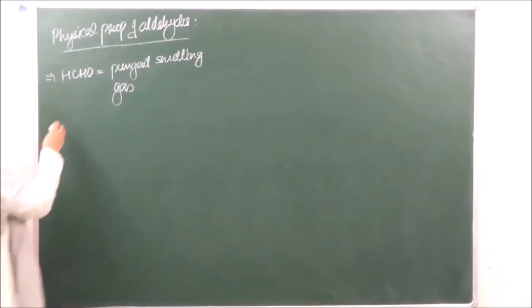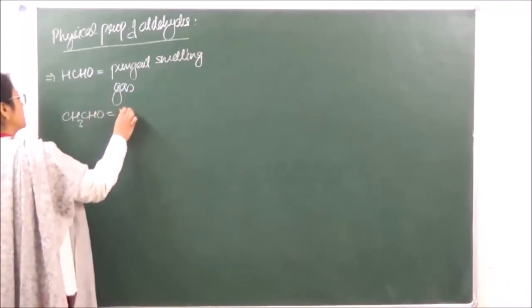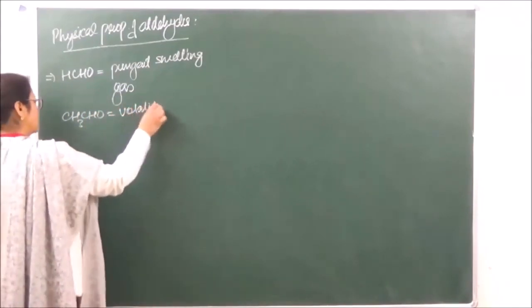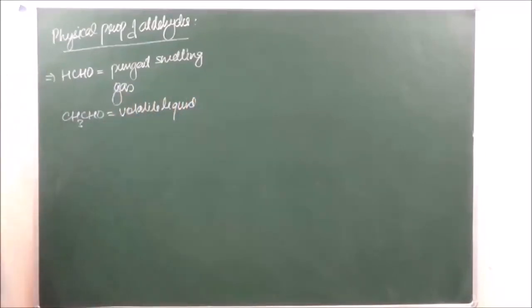Ethanal is going to be a volatile liquid, and ketones containing up to 11 carbon atoms are going to be colorless liquids.